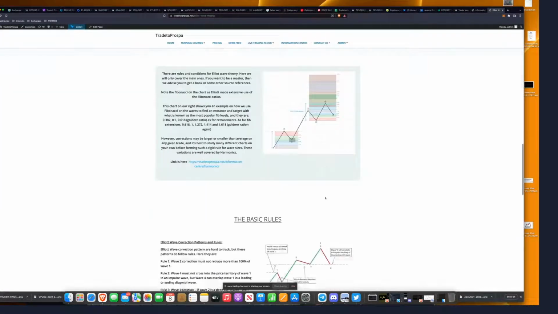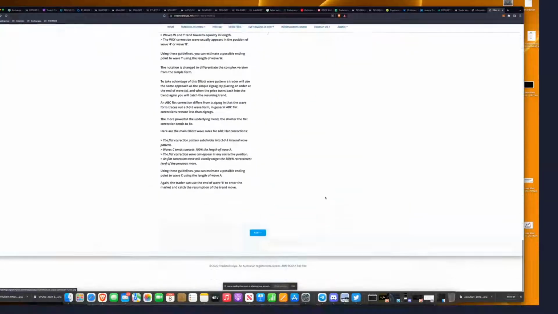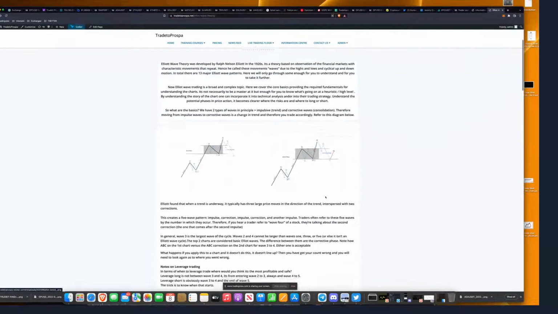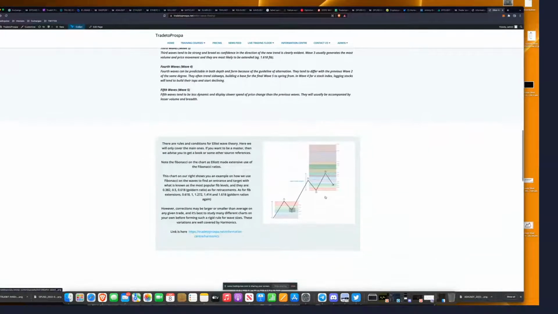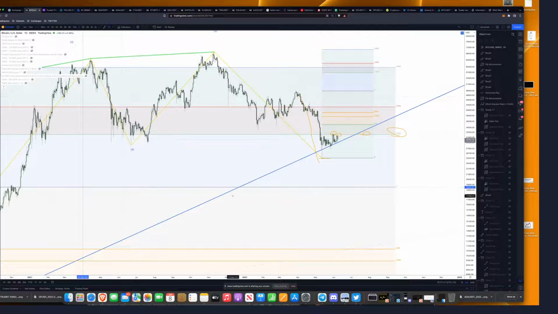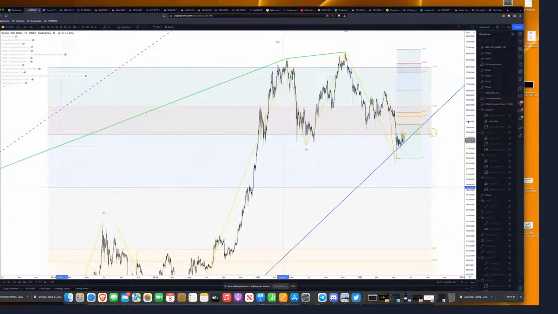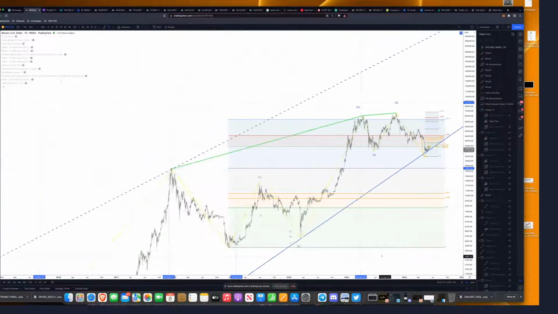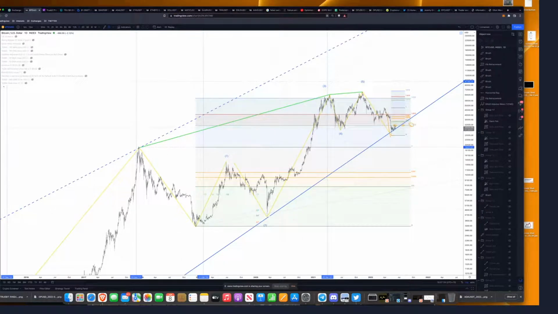Let's see, where's the other one? I actually haven't done it here. Okay. So the other way of doing it is swing high, swing low, Fib Extension. It's very similar.